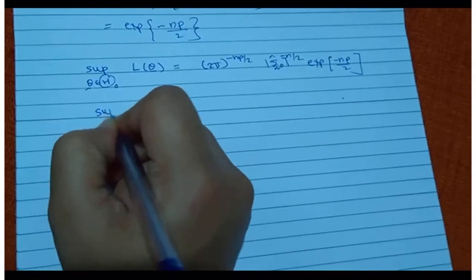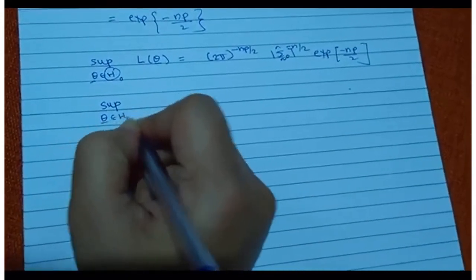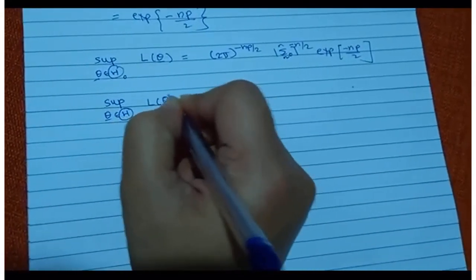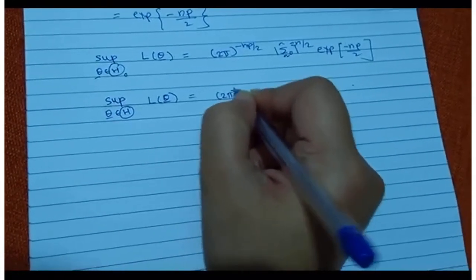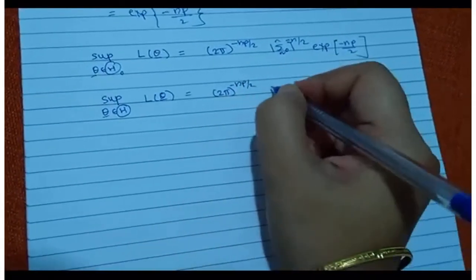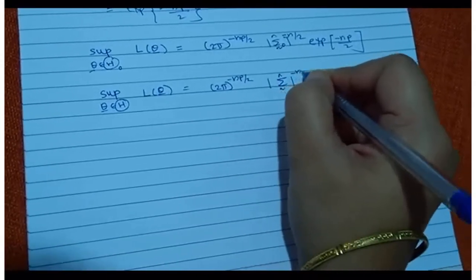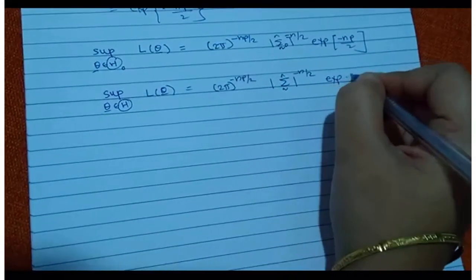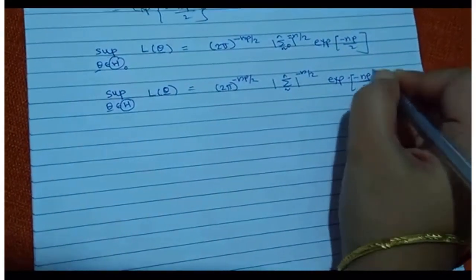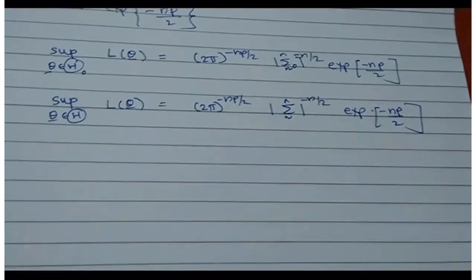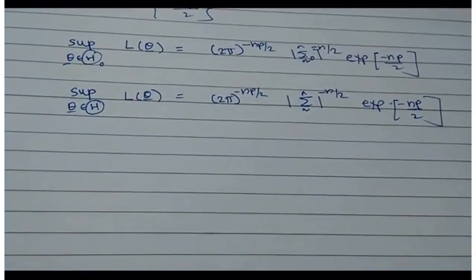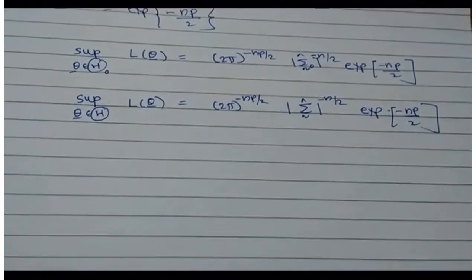From the MLE proof, we already know that the supremum over the entire parameter space is going to be 2 pi raised to minus np by 2, determinant of sigma hat raised to minus n by 2, e raised to minus np by 2, because in that case also the terms inside the exponent get cancelled and we are left with the identity matrix.